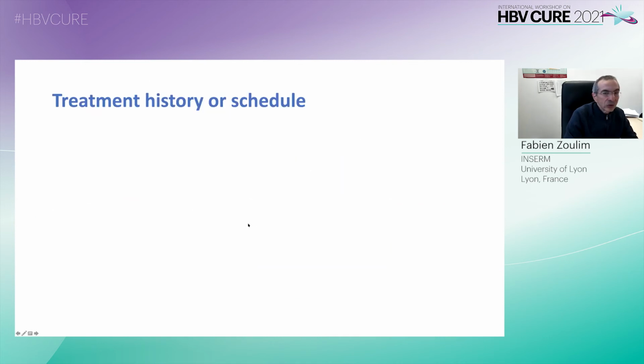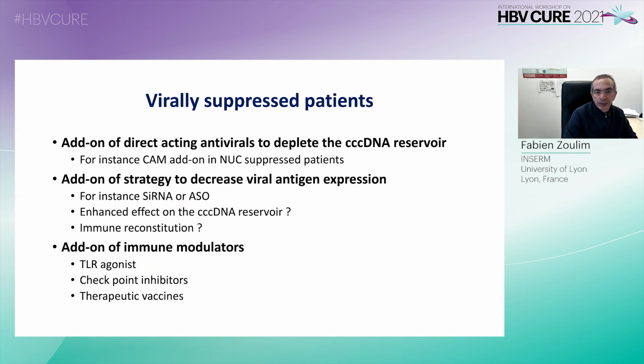Now we also have to consider the treatment history and treatment schedule. We have many patients that are virally suppressed, and in this patient population, we can evaluate add-on strategies of direct-acting antivirals to deplete the cccDNA reservoir, for instance by adding capsid assembly modulators in nuke-suppressed patients, or adding not only CAMs but also strategies to decrease viral antigen expression, siRNA, antisense oligonucleotide, and see whether this can enhance the effect on the cccDNA reservoir or participate in the immune reconstitution.